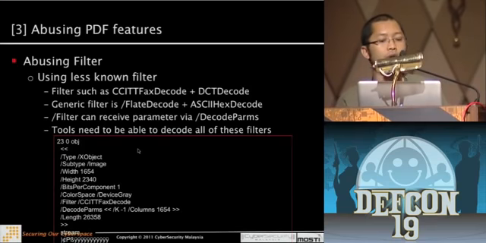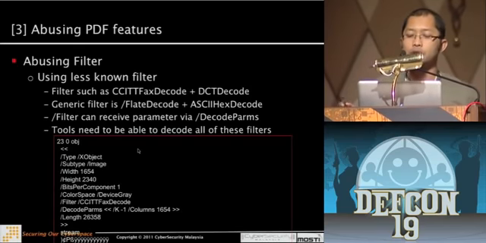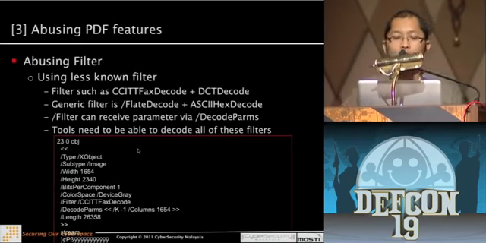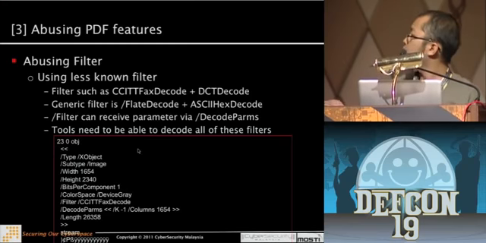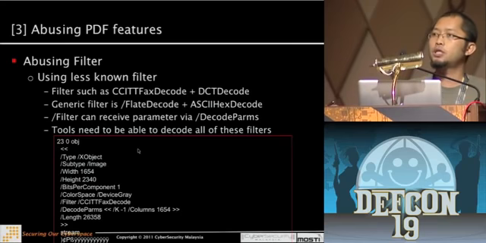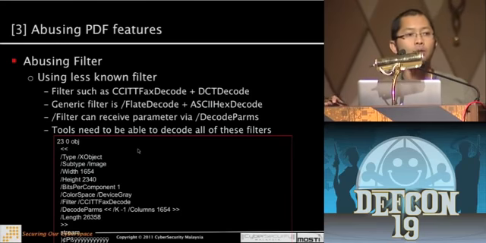Another thing you can abuse within PDF obfuscation is the filter. The main category here is PDF features, and one of the normal features in PDF is the filter. The main reason for a filter is to compress the size of the PDF, so you normally use some encoding to compress it.